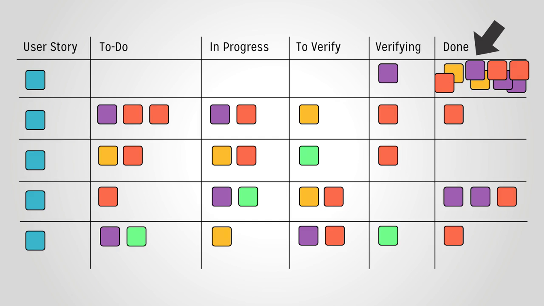Similar to the way that we only include user stories that have met the team's definition of done as completed on a release burndown, we only want to include tasks that are completely done on the iteration burndown. That's why it's a great idea to use an iteration burndown alongside a task board. You can see which tasks have been completed and verified.